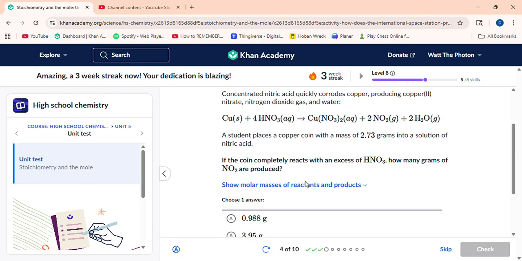So we have a coin that weighs 2.73 grams of pure copper.